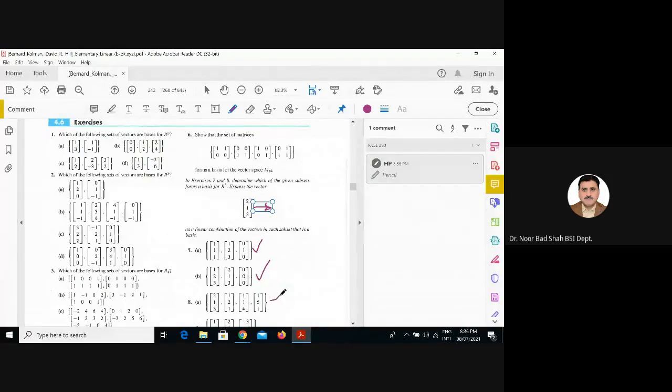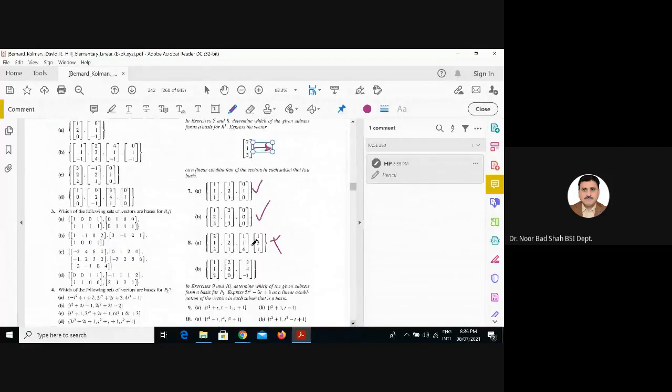This is not a basis because it contains 4 elements. Part B, again, may or may not be a basis. You do the same thing. The only difference is afterwards, once you check whether it's a basis or not, you would express this vector as a linear combination of those vectors which form a basis. And you know how to do that. We have done that quite a few times.